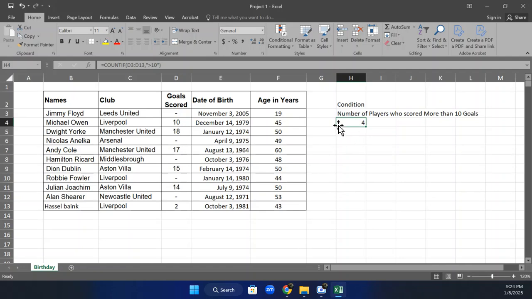We can add another condition: the number of players who scored more than 10 goals and are 50 years and below. So we need another count. Now there we shall use COUNTIFS, equals sign.